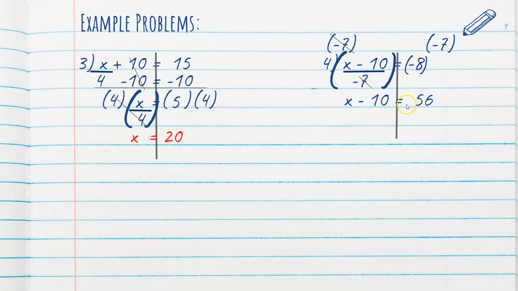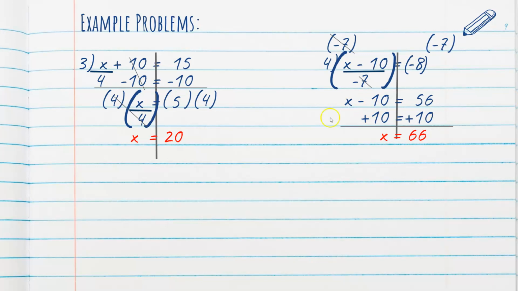So like in this, you're just kind of going backwards, right? So if we add 10 right here, we're going to get 66 for our answer. Since this is a minus 10 right here, you have to do the opposite operation. So the opposite of subtraction is addition. Correct.